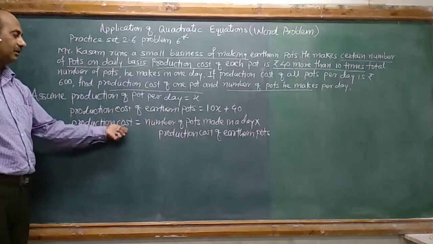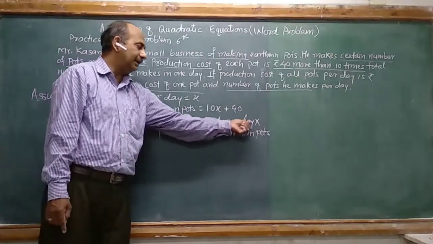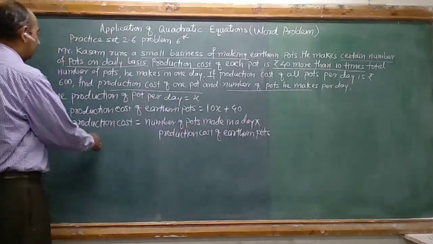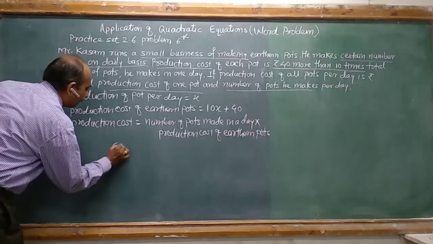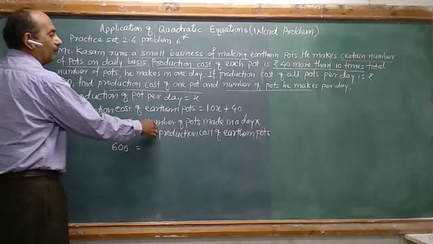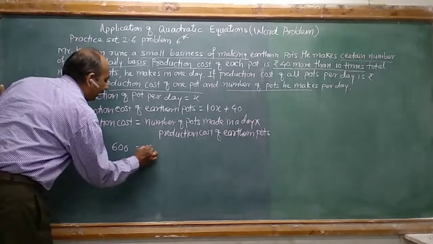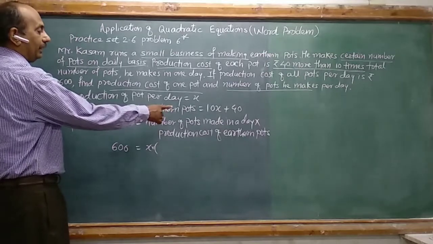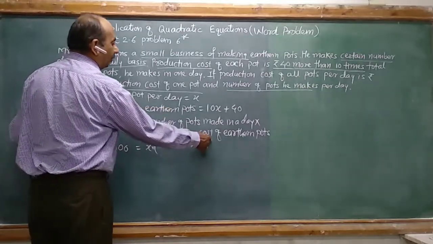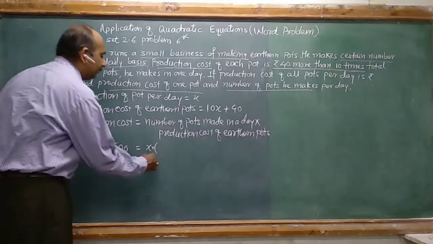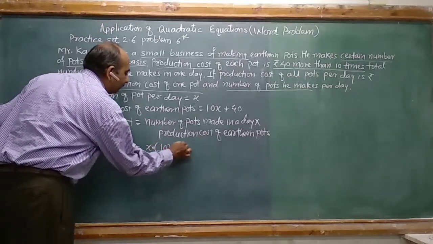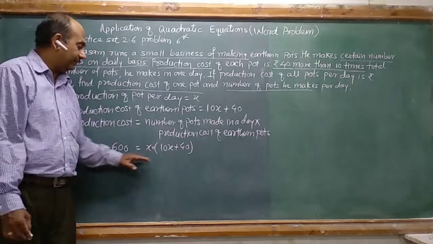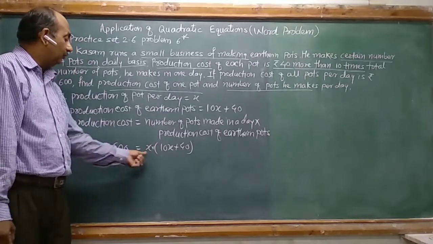Therefore production cost is equal to the number of pots made in a day into the production cost of each earthen pot. So the production cost 600 is equal to the number of pots made in a day, x, into the production cost of each earthen pot, 10x plus 40. So this is your equation.